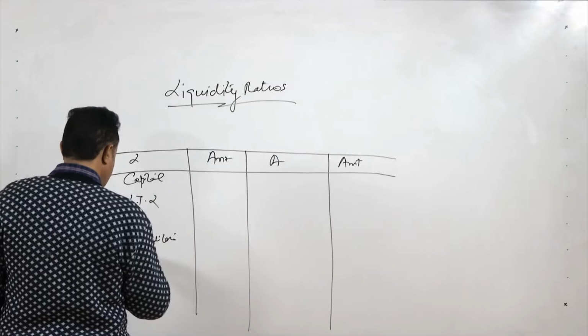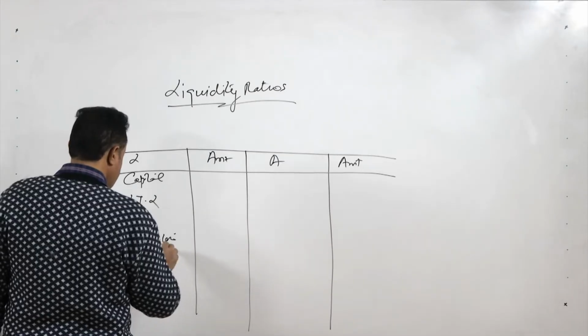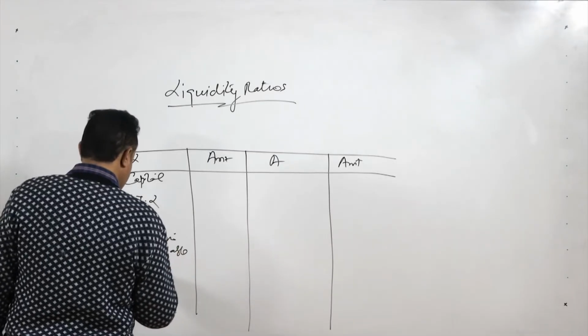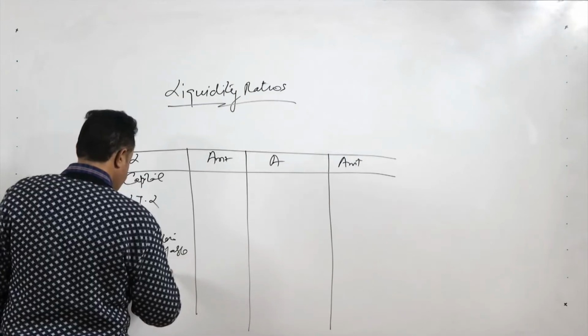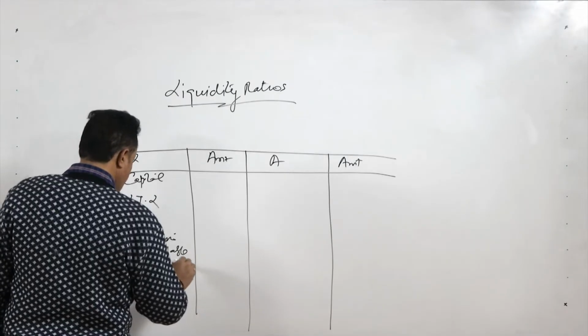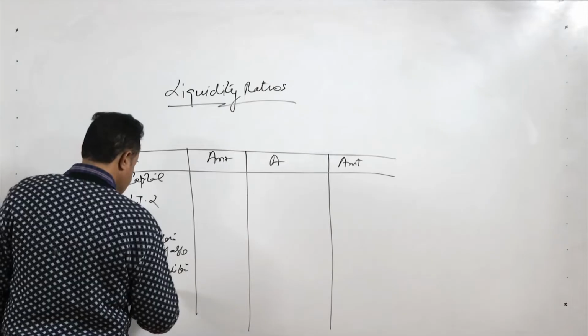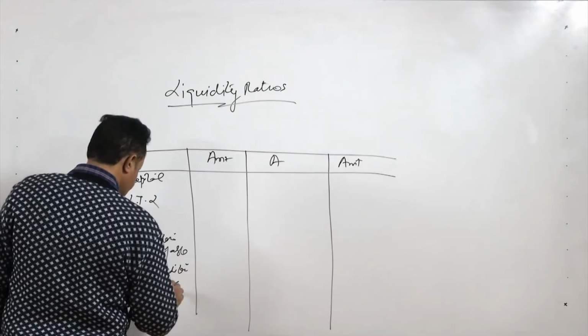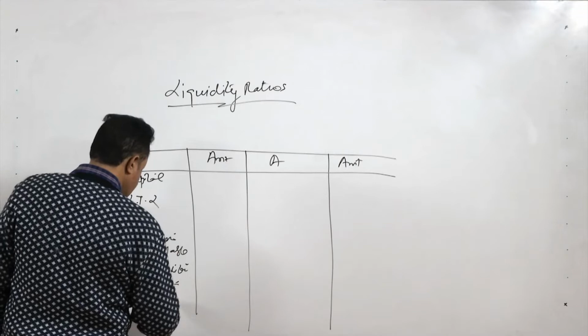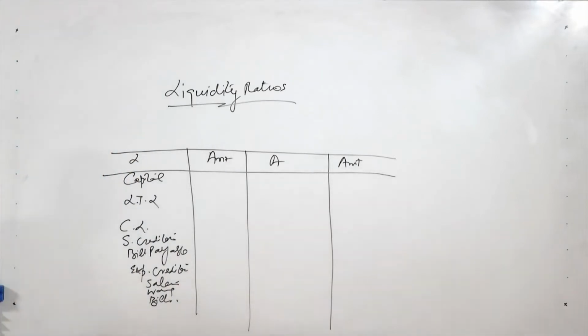Similarly, we have the bills payable, then we have some other expense creditors. Expense creditors means outstanding salaries, wages, or some utility bills; these are some of the liabilities.